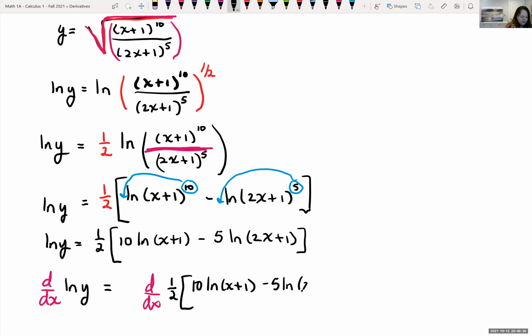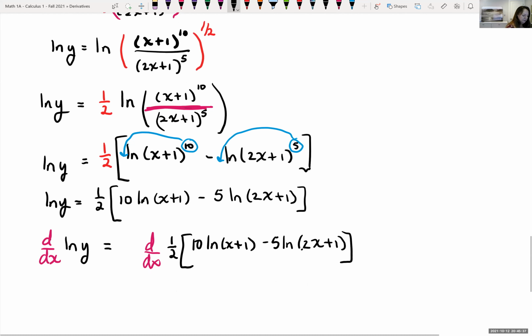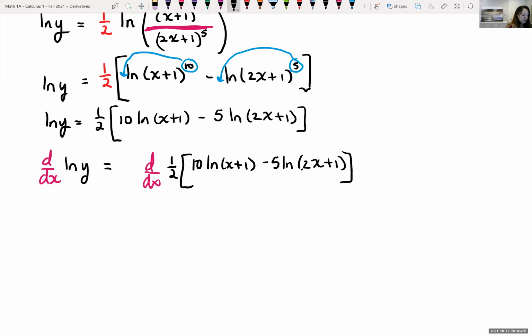And so when we take the derivative of the natural log of y, using differentiation, we need to use the chain rule. So the derivative of the natural log of y is 1 over y times the derivative of the inside. Well, the derivative of y is this dy dx.